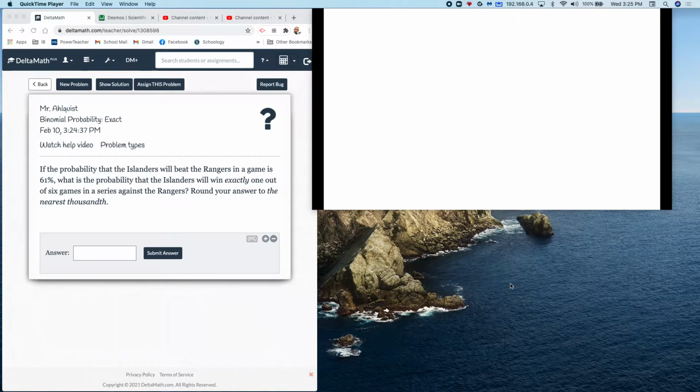Binomial probability examples. So take this problem right over here. If the probability that the Islanders will beat the Rangers in a game is 61%, so the probability that the Islanders beat the Rangers is equal to 0.61.